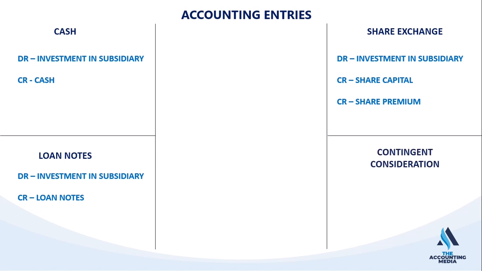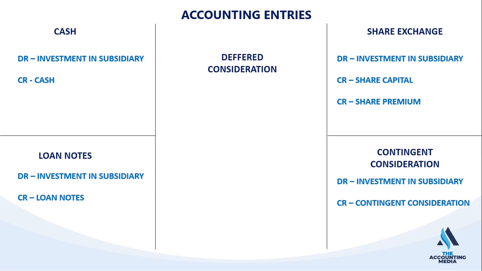Aside from that, we can have contingent consideration. If it is not accounted for, once we get our figure, I debit my investment in subsidiary and I credit my contingent consideration. And lastly, we have our deferred consideration. We said deferred consideration, we have to discount to present value, and after I have discounted to present value and I got my original answer, what do I do? I debit my investment in subsidiary and I credit my deferred consideration.